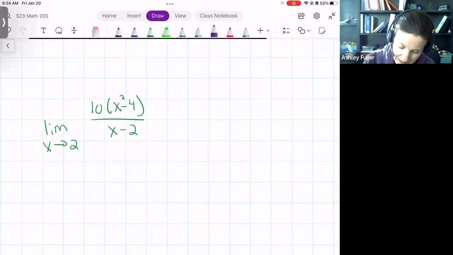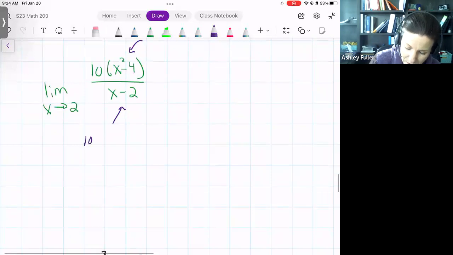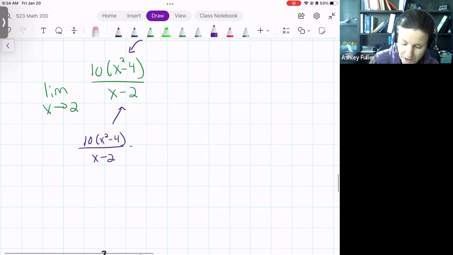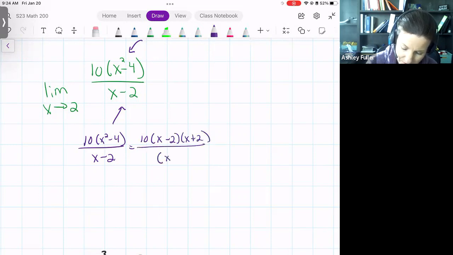Notice that as we approach 2, the value of the top function is going to go to 0. As we approach 2, the value of the bottom function is also going to go to 0. So we have to algebraically manipulate these two functions. We have to factor the top, it's the difference of squares. So we can factor this into x minus 2 times x plus 2.